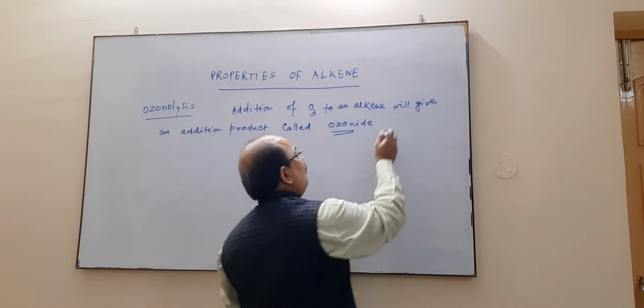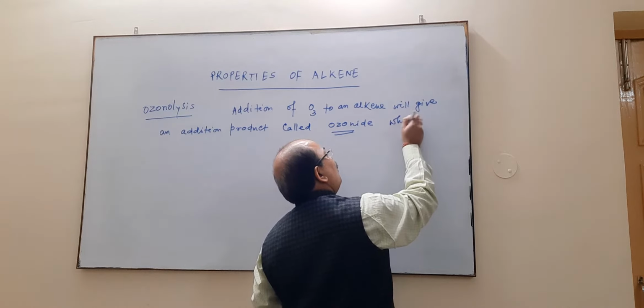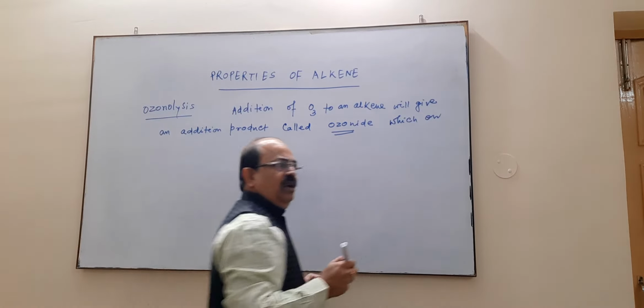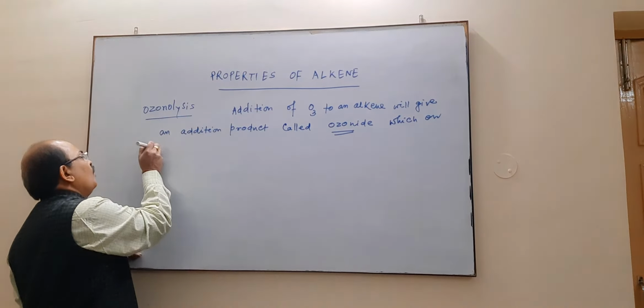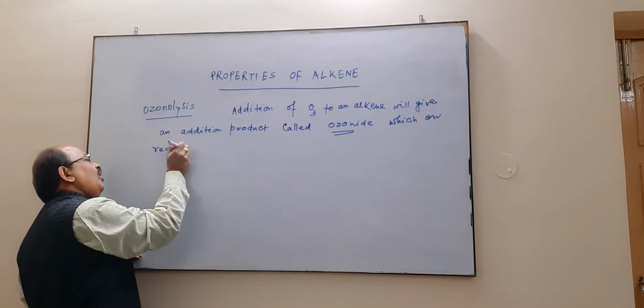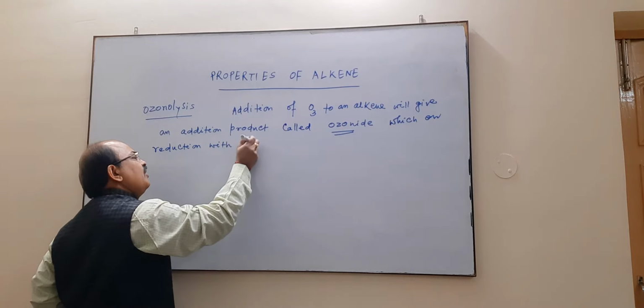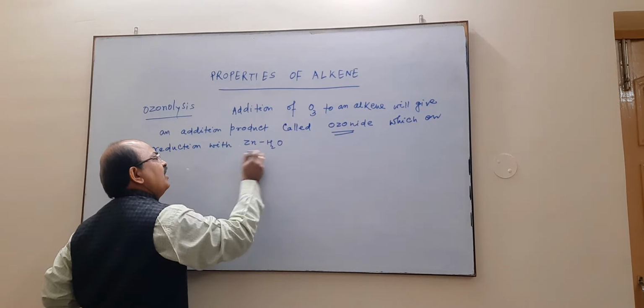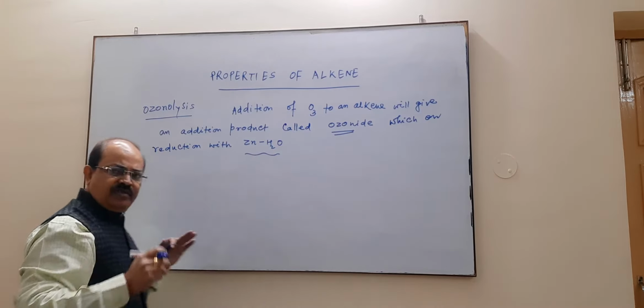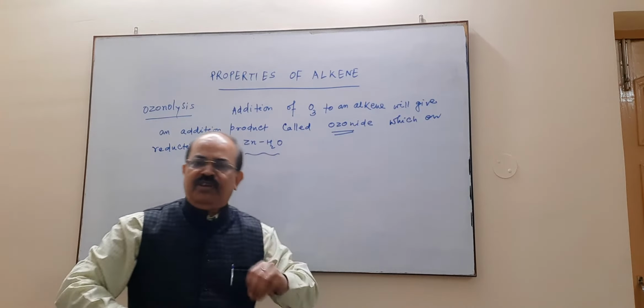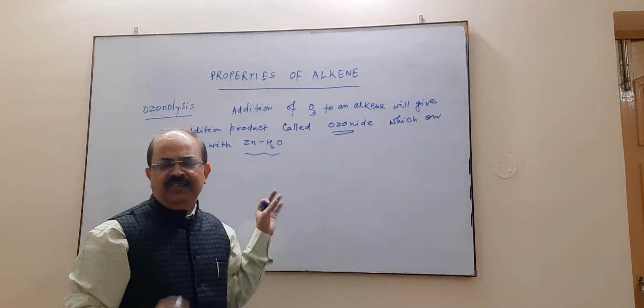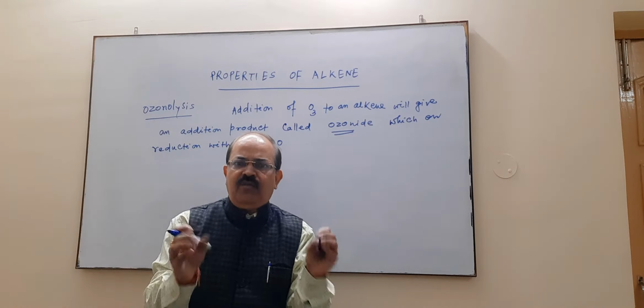Ozonide, which on reduction with zinc and water, means reduction with zinc in presence of water. What does it mean?